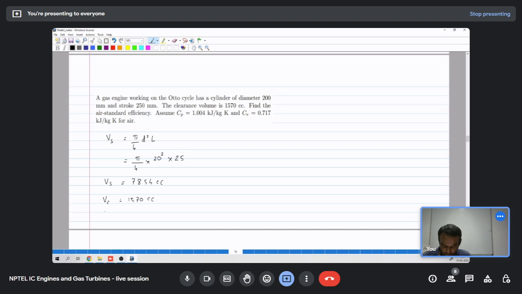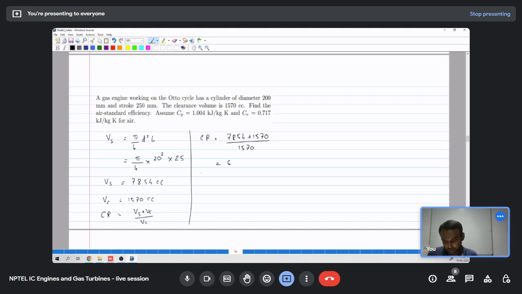So we will have compression ratio as Vs plus Vc by Vc, which is 7854 plus 1570 divided by 1570. So this is 6.